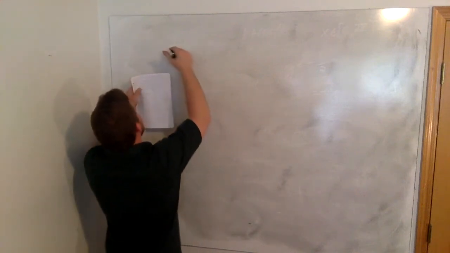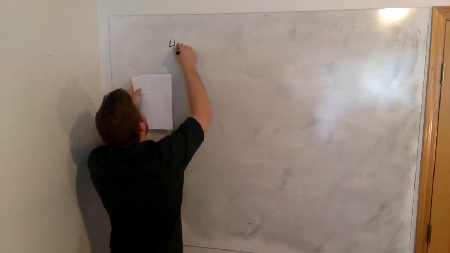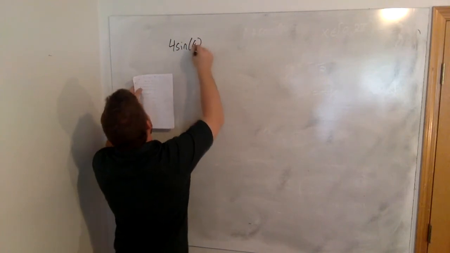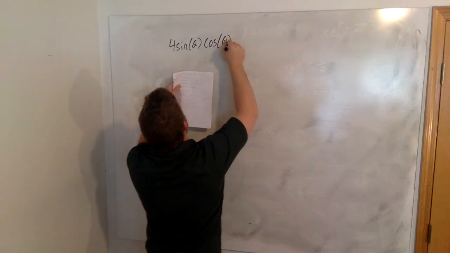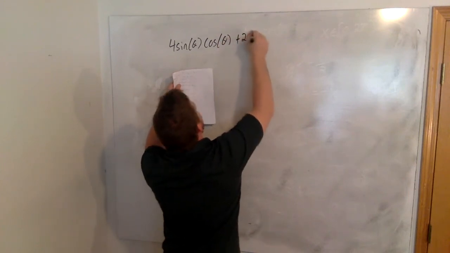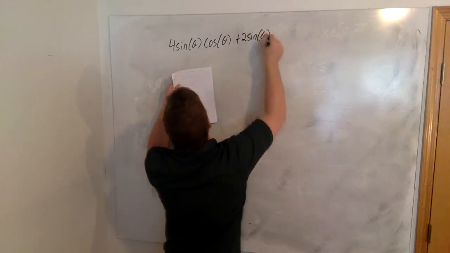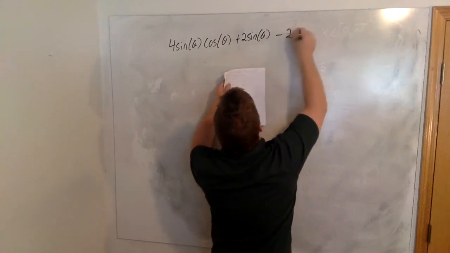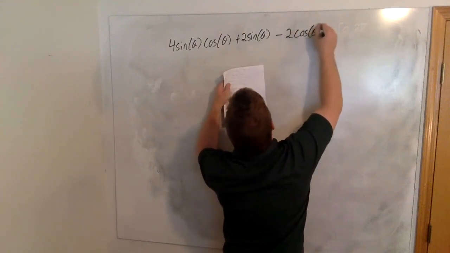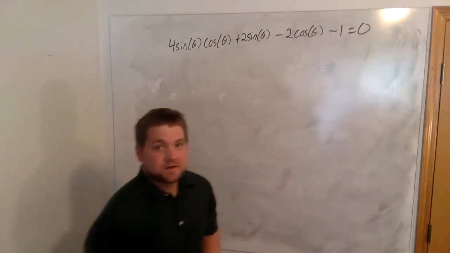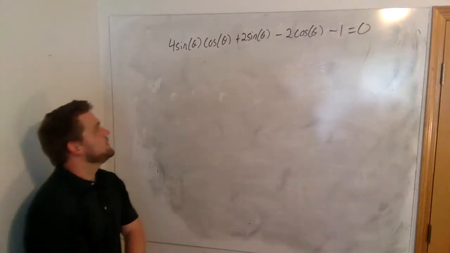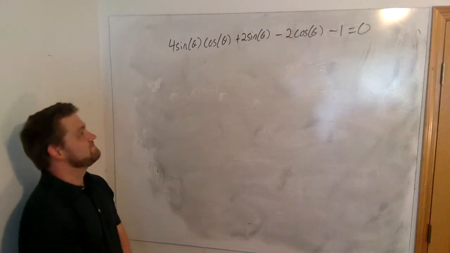So let's say we have 4 times the sine of theta times the cosine of theta plus 2 sine of theta minus 2 cosine of theta minus 1 being equal to 0. Go ahead and pause the video and see if you can solve this equation on your own.